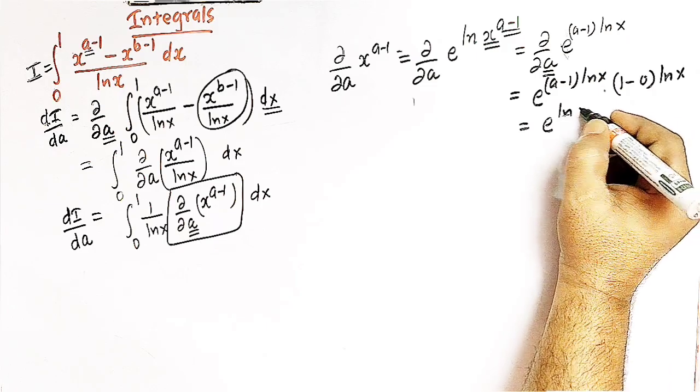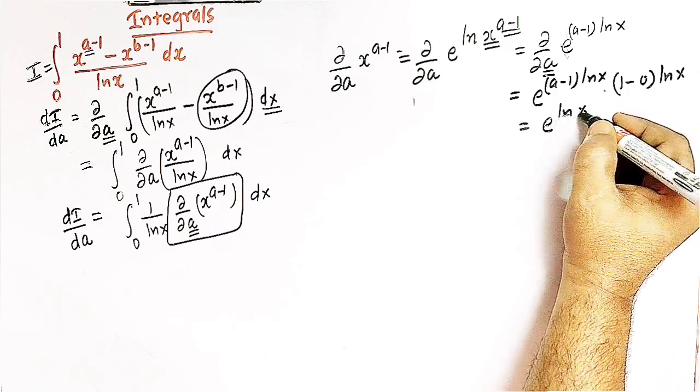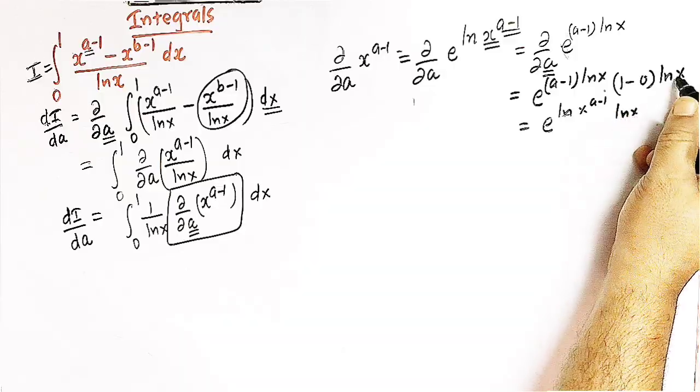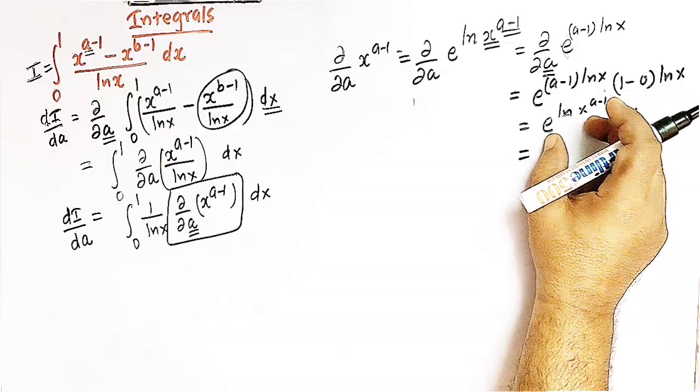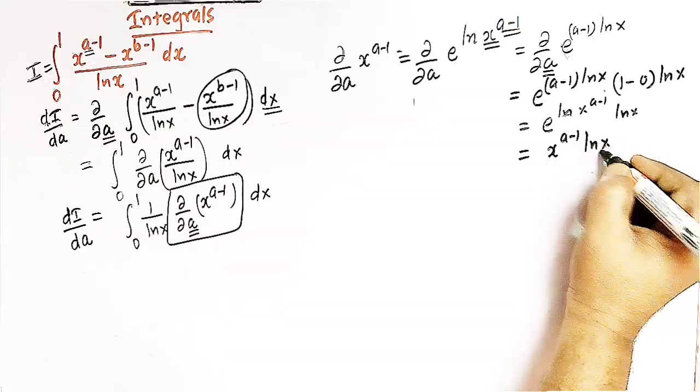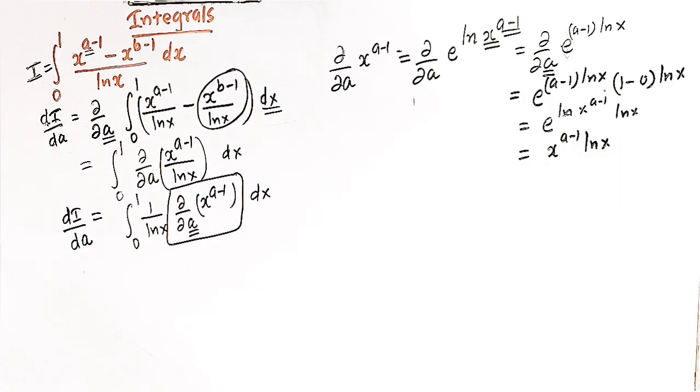So we can now write again, natural log of x raised to a minus 1, and here we have natural log of x, and this term is simply x raised to a minus 1 times natural log of x.